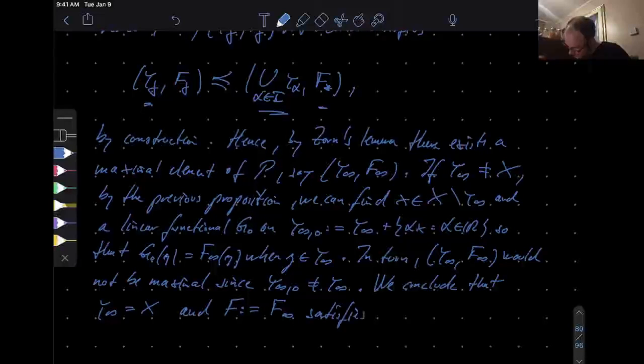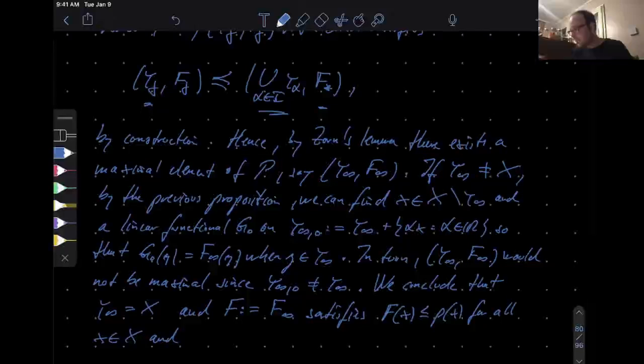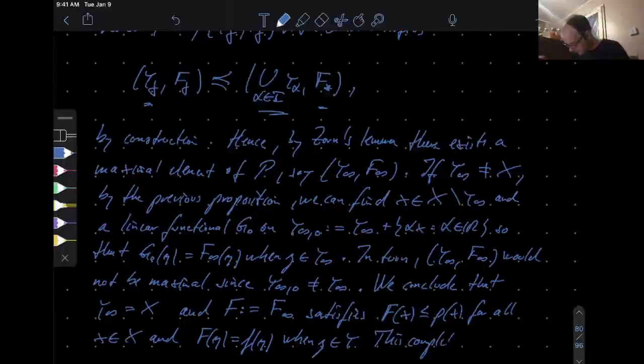It reproduces the small f when you restrict yourself back to the proper subspace Y. This is by construction, just read the proof backwards, and it satisfies the inequality F of x less than or equal to p of x for all x in X, and what I said earlier, when you restrict yourself, it reproduces the small f when y is in Y. Okay, this completes the proof of the theorem.